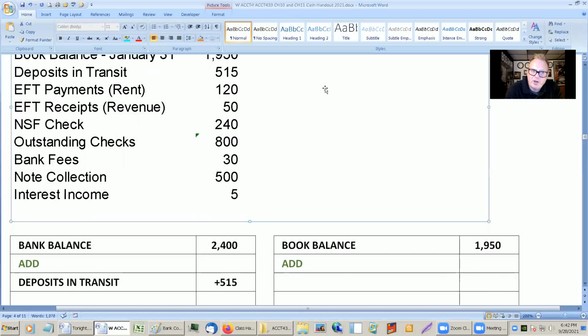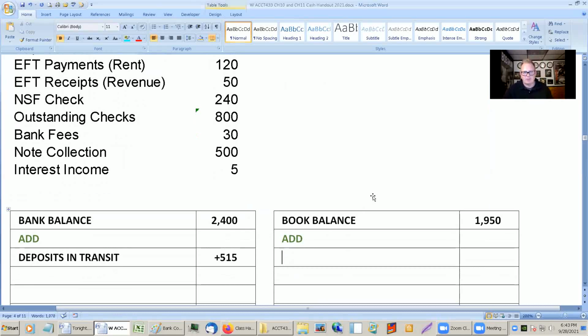So which side are we going to correct for these EFT payments and receipts? The bank side or the book side? The book side? Yep. The bank knows that these payments were made. We just don't know. So we're going to add the EFT receipts, electronic funds transfer.